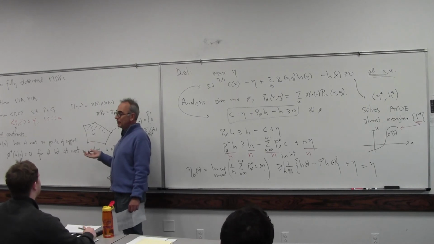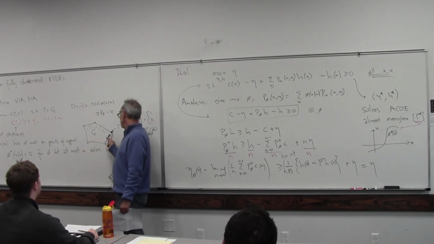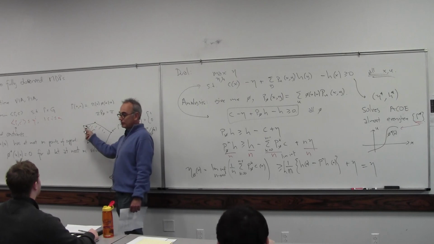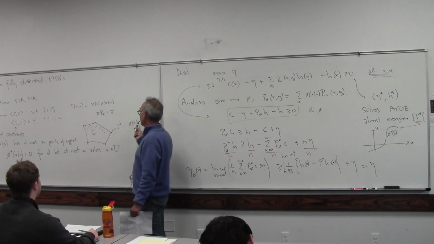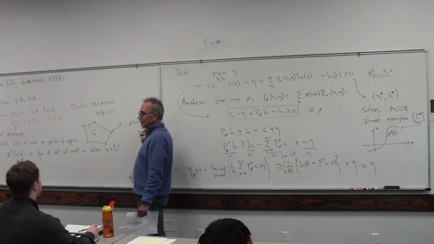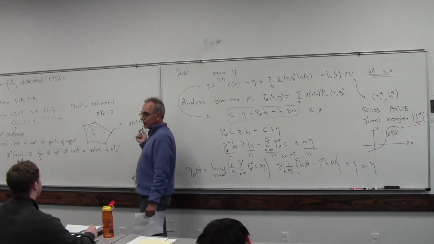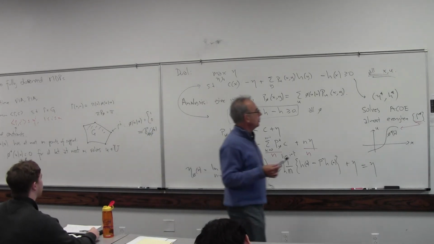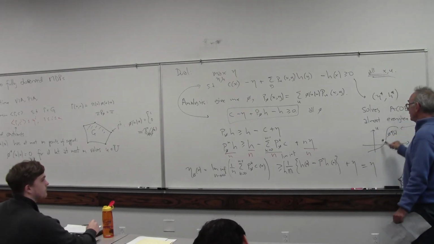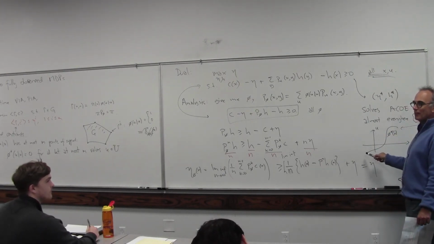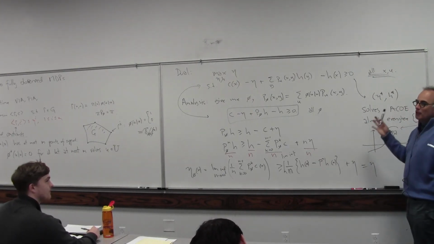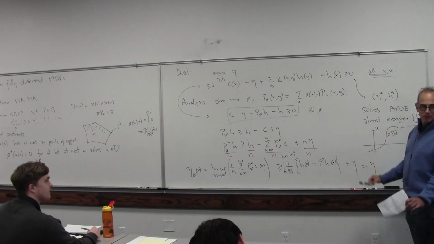And if you're using the simplex method in linear programming, you will get one of the extremal points. And so this guy is not randomized. It's just 1 or 0. So it's really just defined by a state feedback policy. So the support of this optimal guy is only a line. And so we're only satisfying the ACOE on a line, but that's all you care about. That gives you the policy.